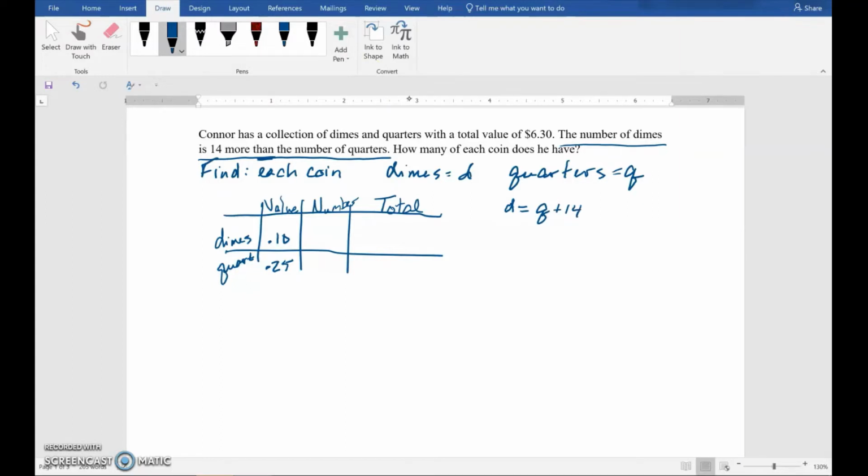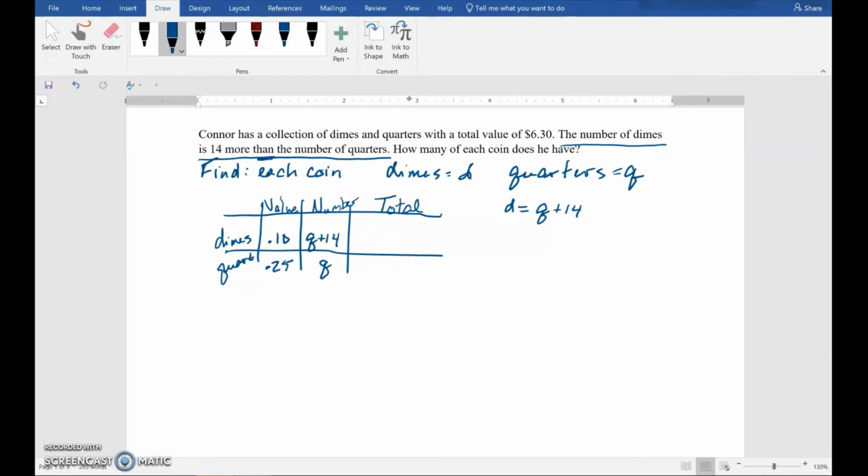Was it super important to do that switch? No, but it's a good habit whenever you see "than" to put that number at the end. So if our D is Q plus 14, then our quarters is just Q. Remember, we want only one letter type in here.